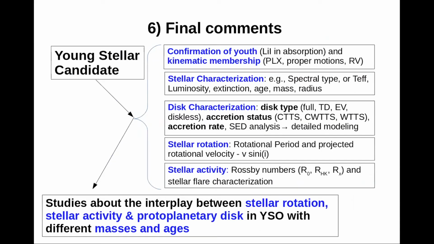So finally, the basic idea in these works is to confirm the membership and youth of the young stellar populations, characterizing their disk, stellar rotation, and stellar activity, and thus we can study the interplay between angular momentum, stellar activity, and protoplanetary disk in young stellar objects with different masses and ages using a large database.